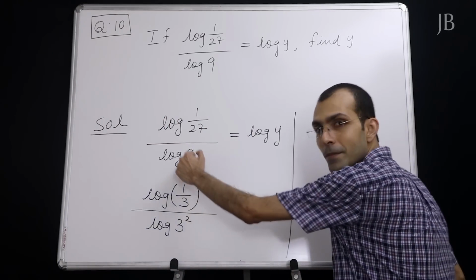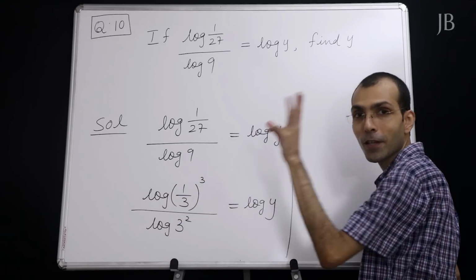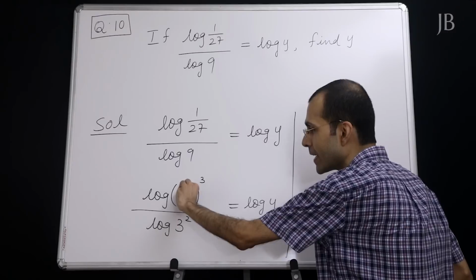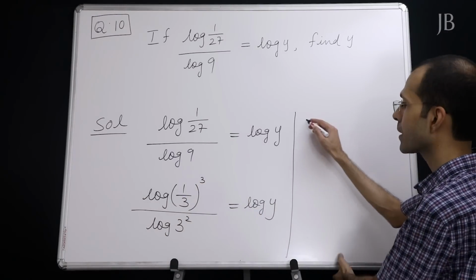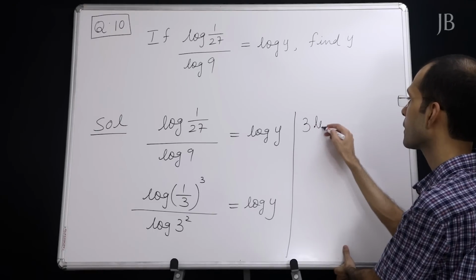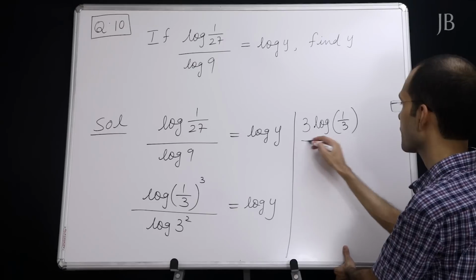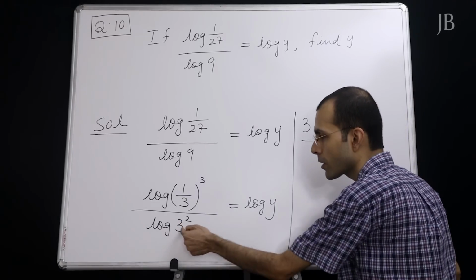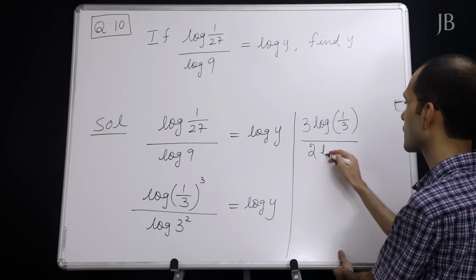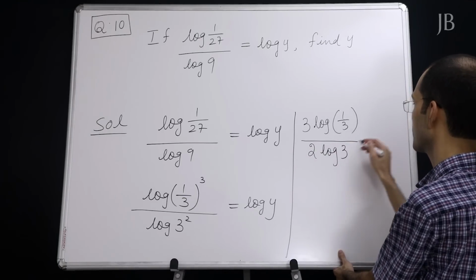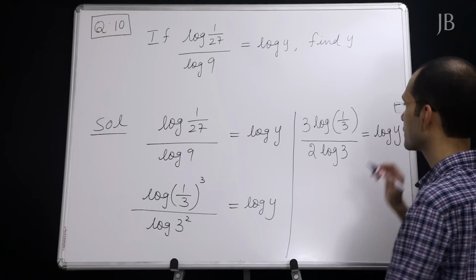Now power becomes the coefficient, like log a raised to b. Law number 3. Log a raised to b is b log a. So this will become 3 log of 1 upon 3 divided by, same log a raised to b, so b log a, this will be 2 log 3, is equal to log y.